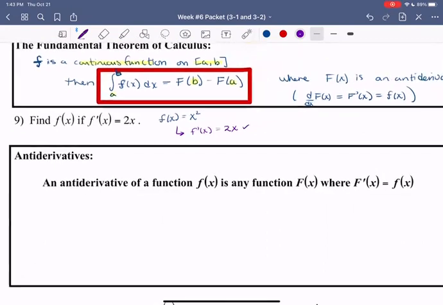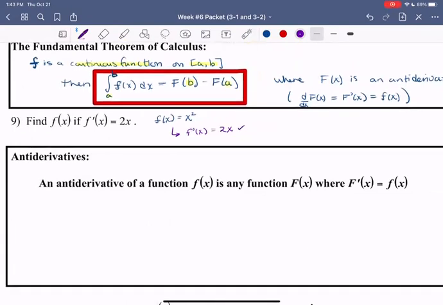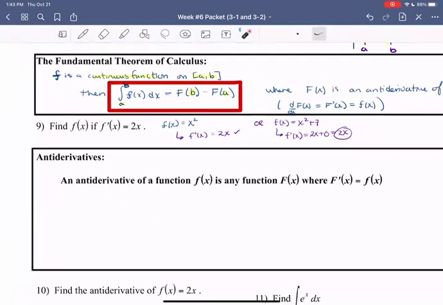But are there any other possible functions for f? What if, instead of just x squared, we wrote x squared plus 7? Is the derivative f prime of x still equal to 2x? Well, now that first term, the derivative is 2x, plus the derivative of 7 is 0, so plus 0. So again, we have the derivative of this new function x squared plus 7 is also 2x.